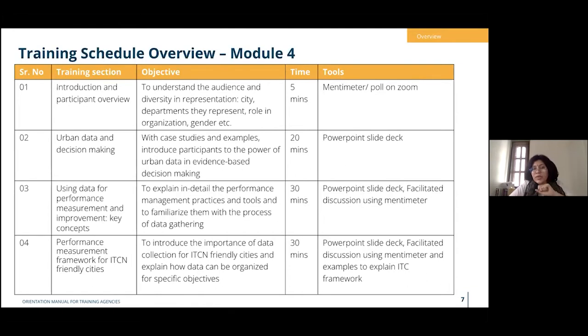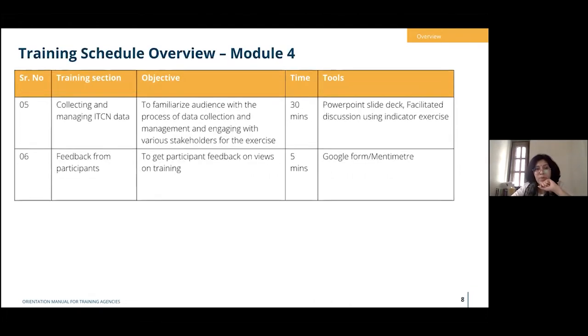Then we'll get into the section on urban data and decision making, which is how cities are using data to guide decision making. Then performance measurement for ITCN, and finally ending with a discussion on how cities can go about collecting and managing this data.